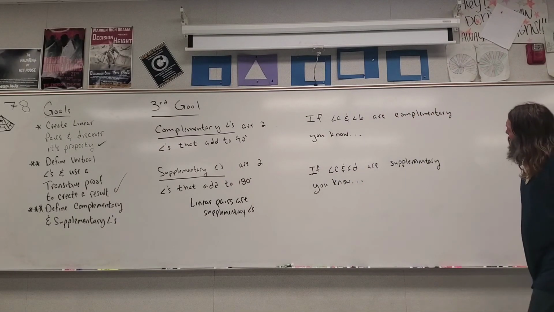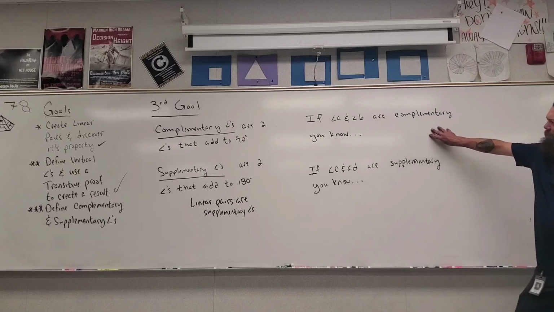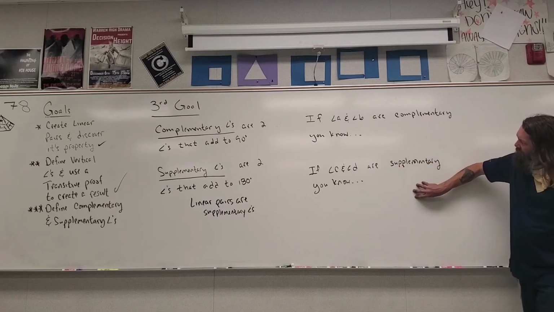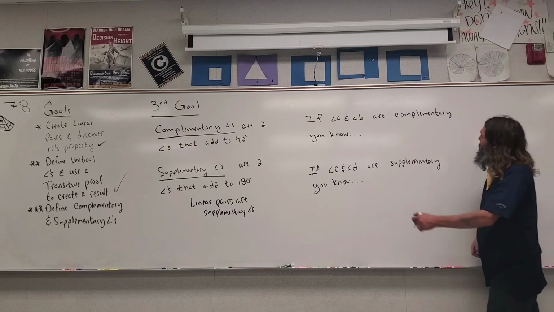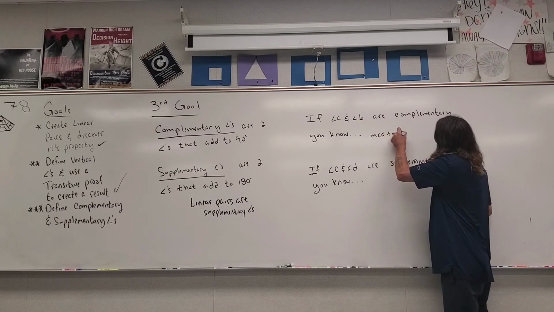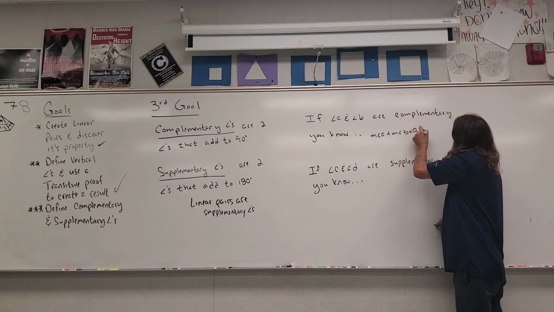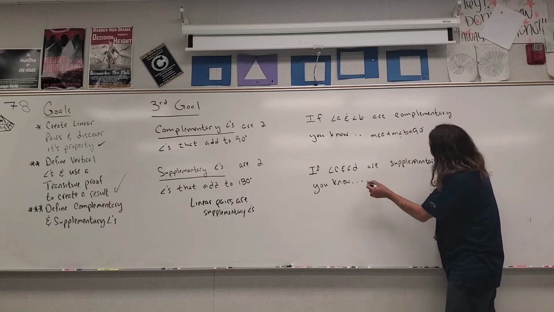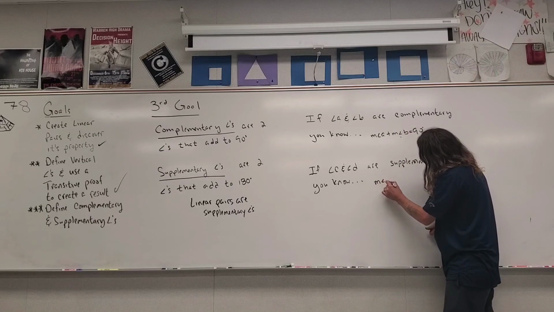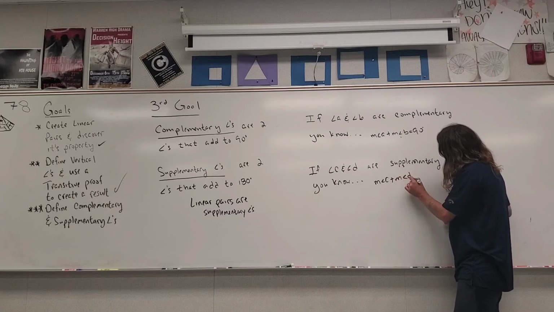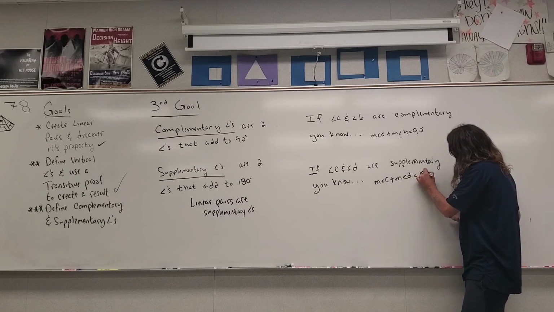If I tell you that angle A and B are complementary angles, you know what? If I tell you that angle C and angle D are supplementary angles, you know what? For the first part, you know the measure of angle A plus the measure of angle B is equal to 90 degrees. And for the second part, you know that the measure of angle C plus the measure of angle D equals 180 degrees.